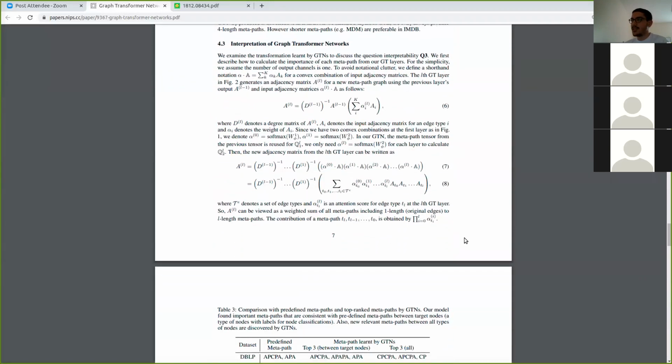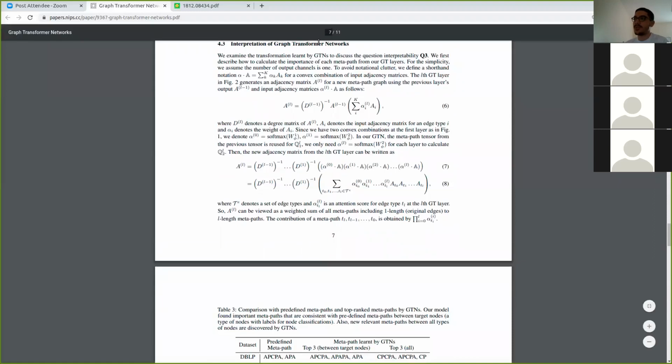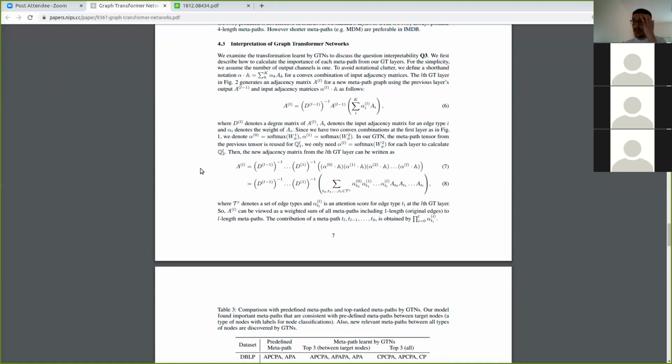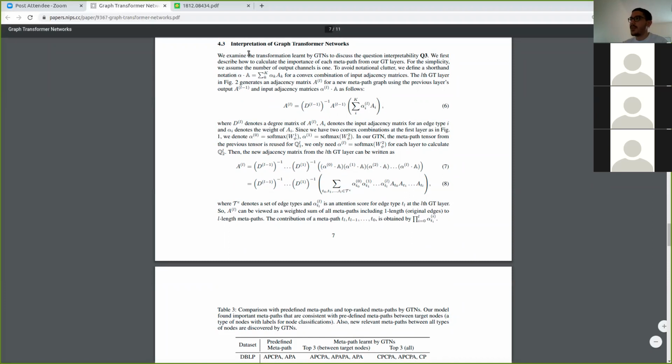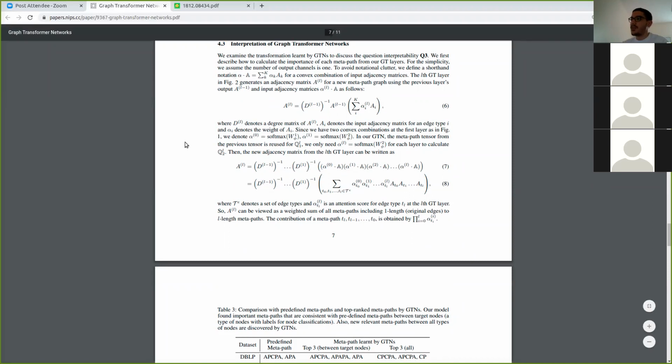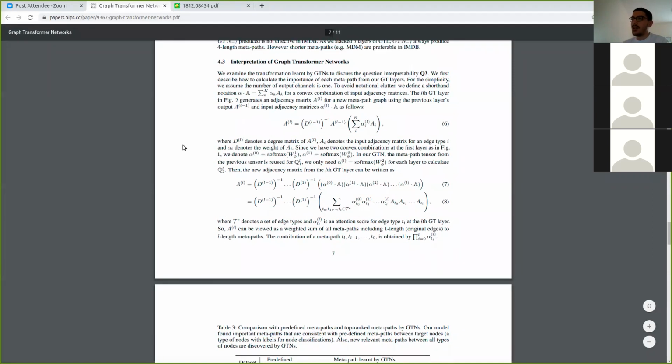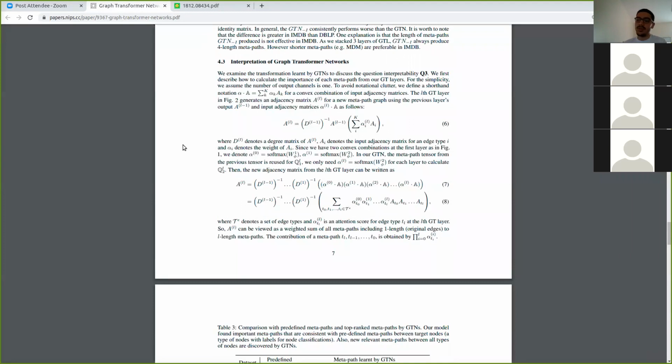So there's this section here about the interpretation of GTNs, which I think is quite interesting, and I'd like to hear what anyone else thinks. The idea is that you know the metapaths learned by the network are good if, once you apply a convolution on them and learn through that, you can achieve state-of-the-art results.